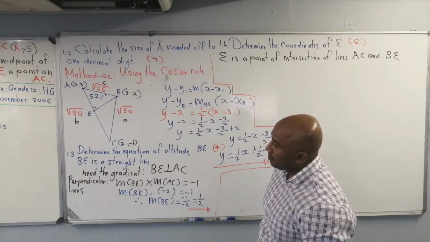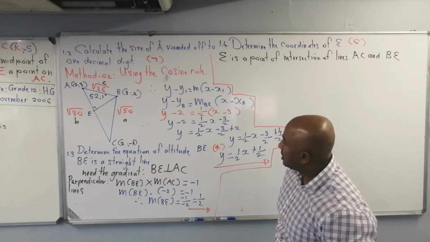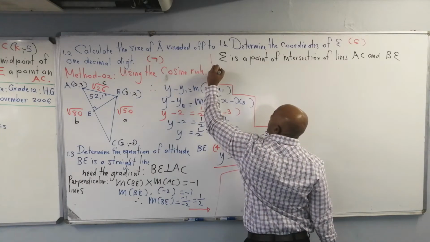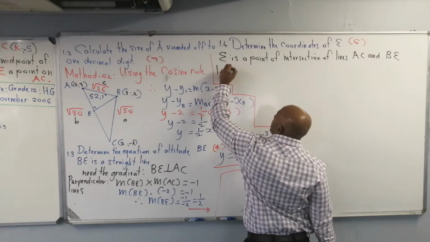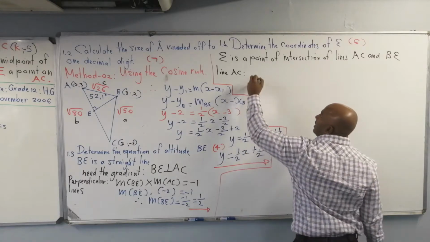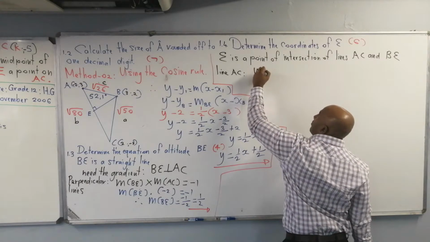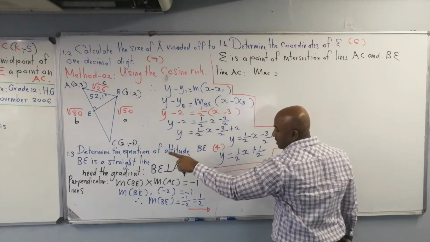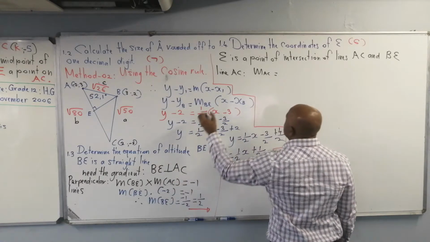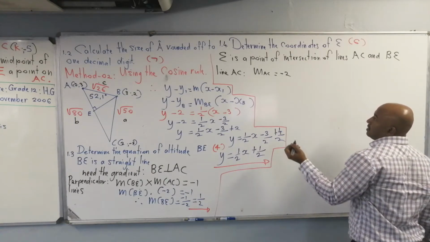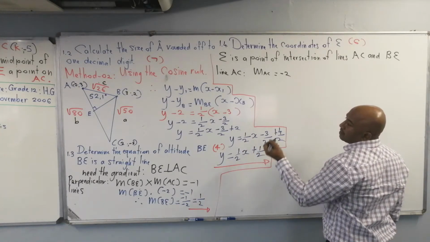And then we can work out our point of intersection. So AC, let's write down line AC. So what do we know about the gradient of AC, which we already worked out before? It was minus 2. Alright, let's take a point. Let's use point A.